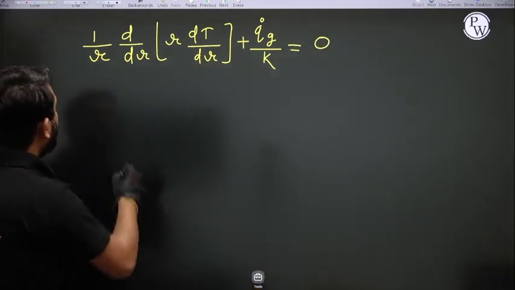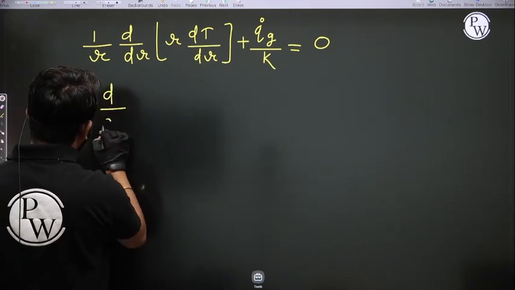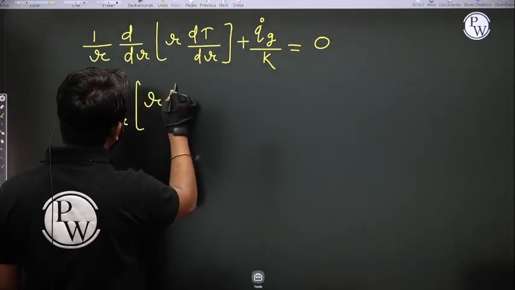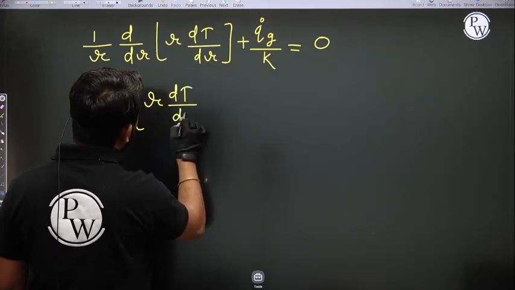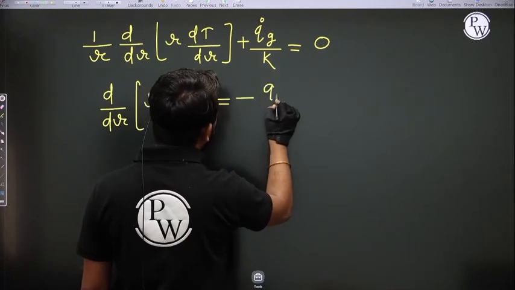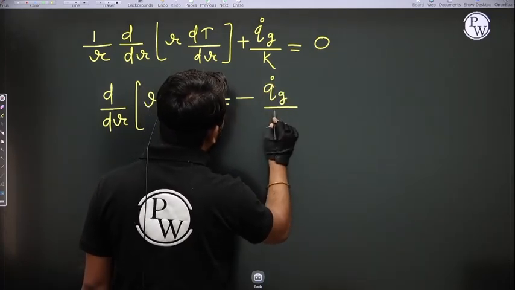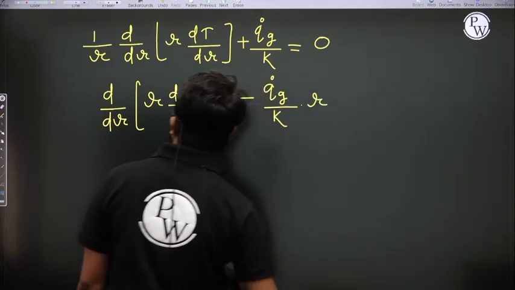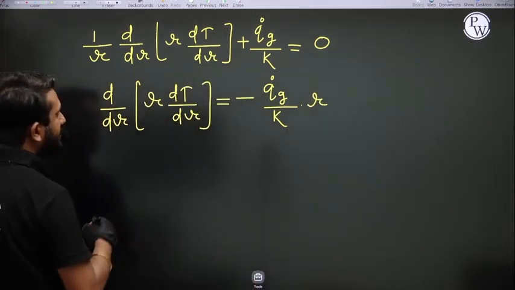Fine. Now see, if you simplify this mathematical expression, d by dr of R dT by dr is equal to minus q dot g by k into R. Now integrate this expression.